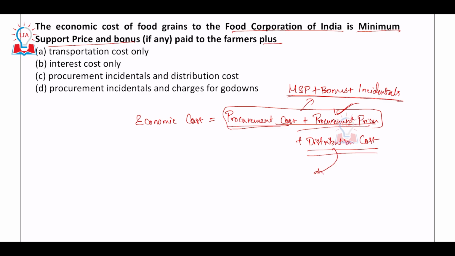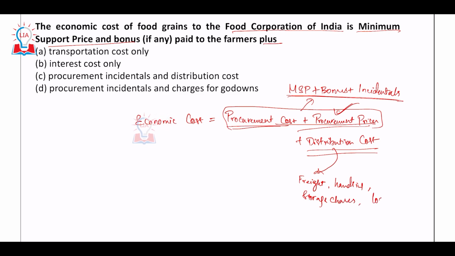So what does this distribution cost entail? The distribution cost would entail the freight cost. That is, you have to load, unload, and then handling charges, storage charges, that is godowns, right?